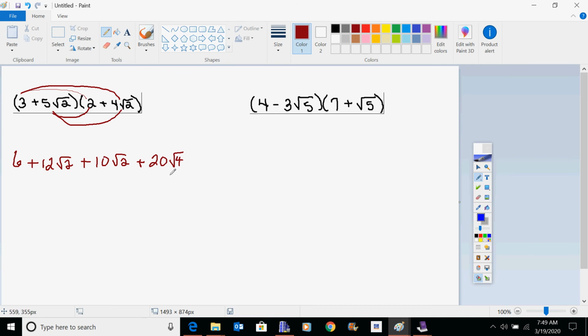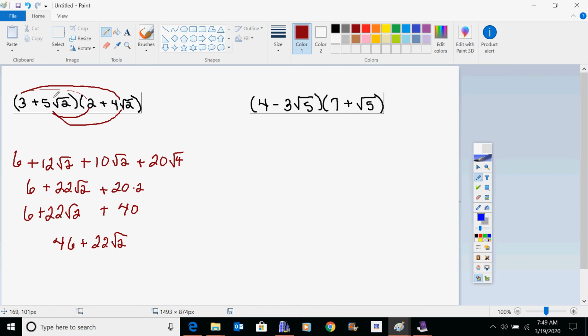Square root of 4 also. Here I have 20 times 2. 20 times 2, as you know, is 40. You end up with 46, leaving you with 46 plus 22 square roots of 2.